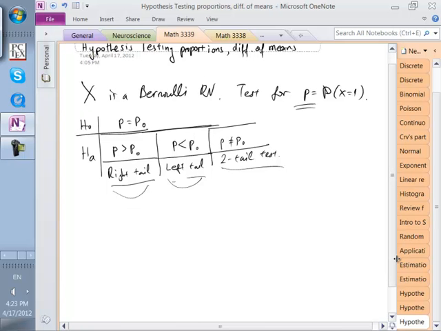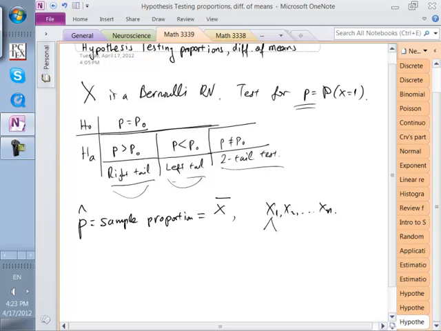Now, what is the test statistic that we use? The test statistic comes essentially from the approximation of the binomial distribution with the normal distribution. So the test statistic is exactly what we called before p hat, the sample proportion. It's nothing else but the sample average, x bar, where you have x1, x2, up to x sub n.